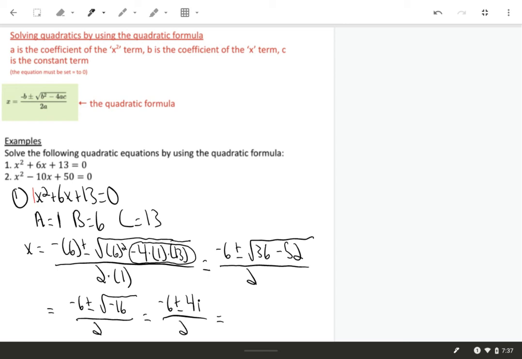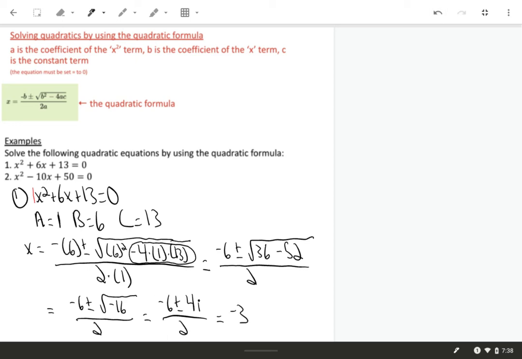And to finish it off, we can divide both terms by the 2 in the denominator here. So negative 6 divided by 2 is going to be negative 3.